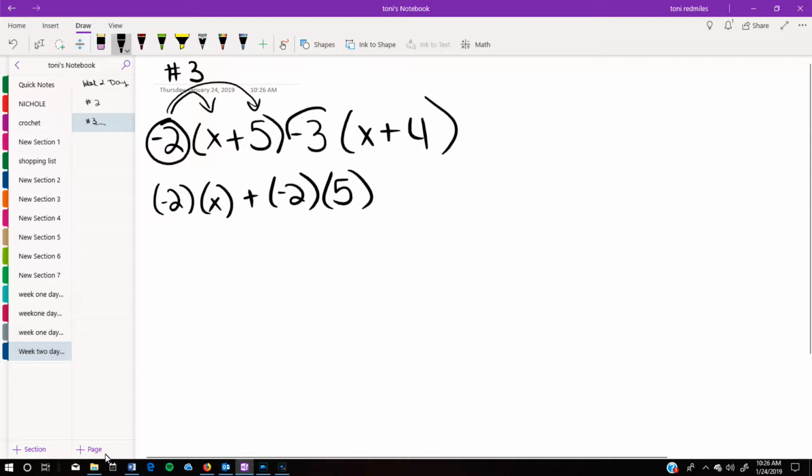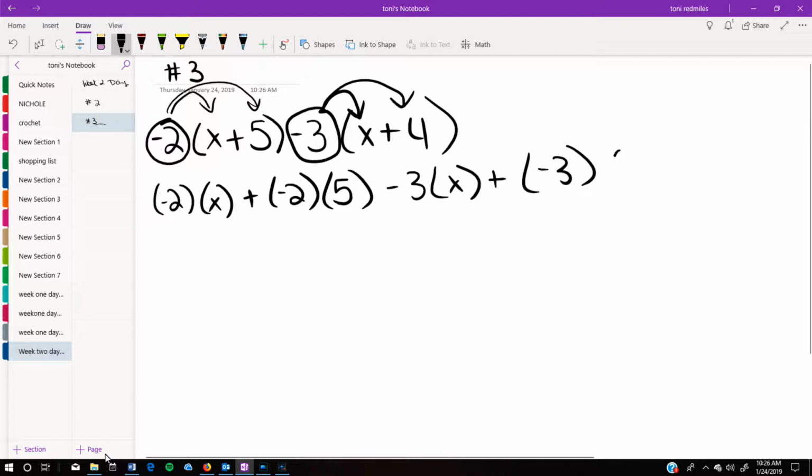And I'm going to bring this whole thing through this one. So it's going to be negative 3 times x plus, drop down my plus sign, negative 3 times the 4. Let's do all of our multiplication next. So negative 2x plus negative 10, and negative 3x plus negative 12.